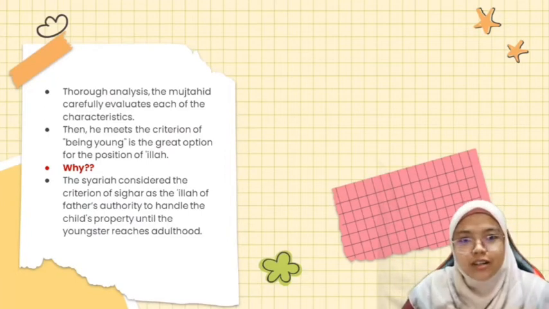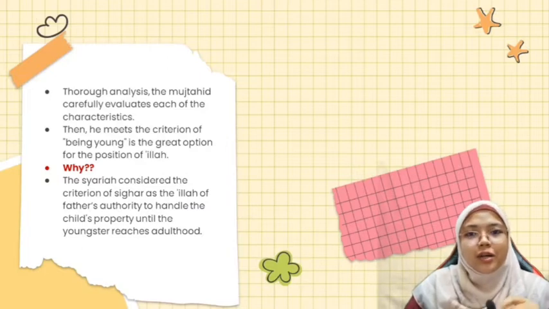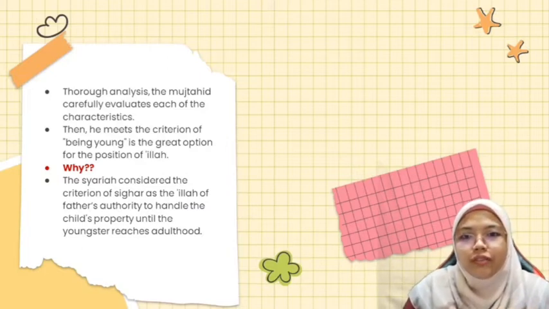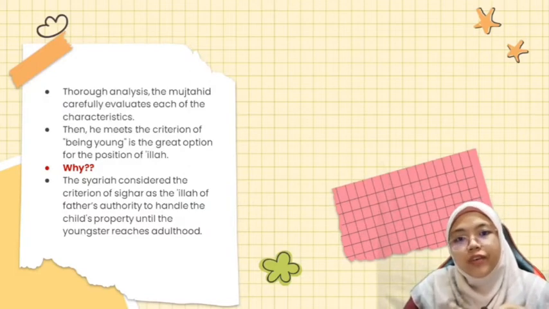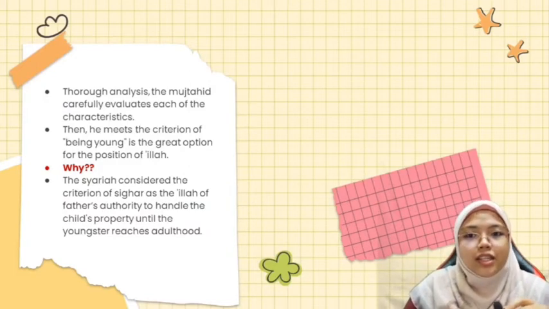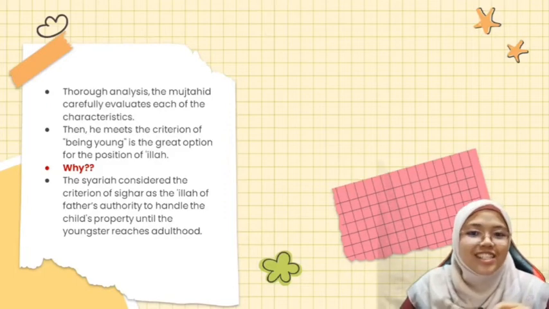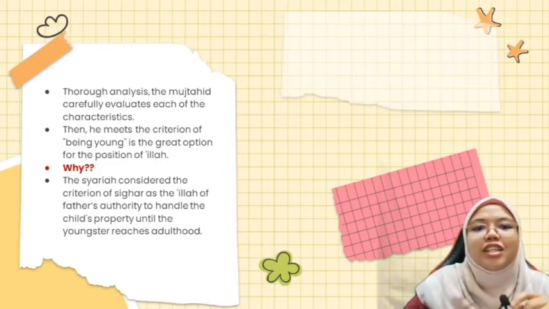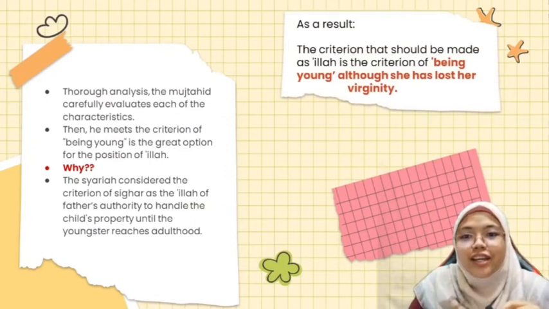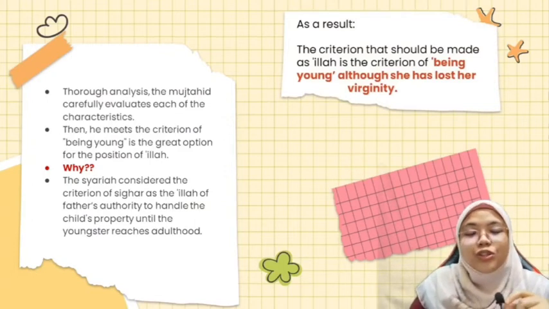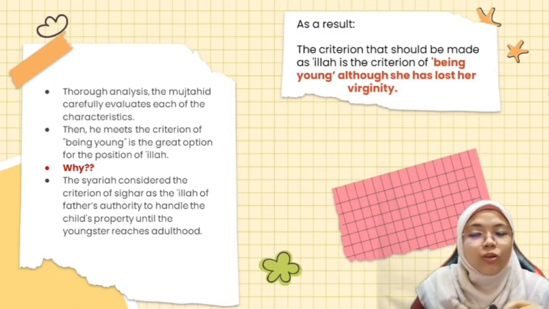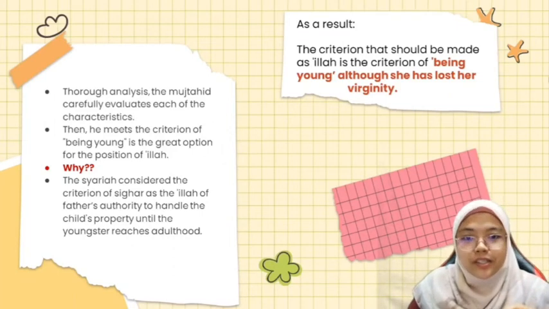This is because the Sharia considered the criterion of sigar, which is being young, as the illah of a father's authority to handle the child's property until the youngster reaches adulthood. So, as a result, the mujtahid came to the decision that the criterion that should be made the illah is being young, although she has lost her virginity.